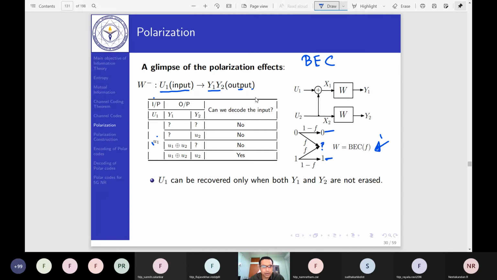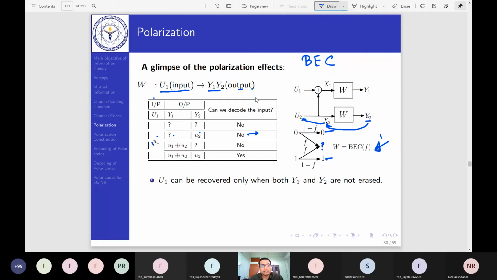The second case is Y1 is erased, and Y2 is not erased. If Y2 is not erased, it has to be equal to X2, and X2 is nothing but U2. So Y2 is equal to U2. But U2 and U1 are independent, so by knowing U2, we cannot decode U1. Can we decode the input? The answer is no.